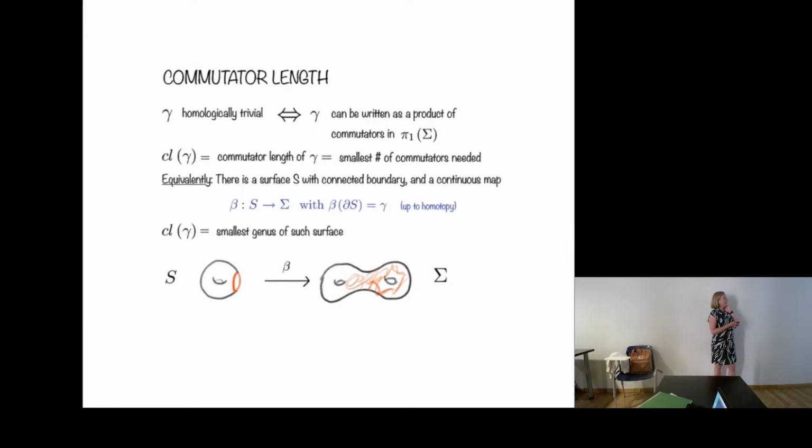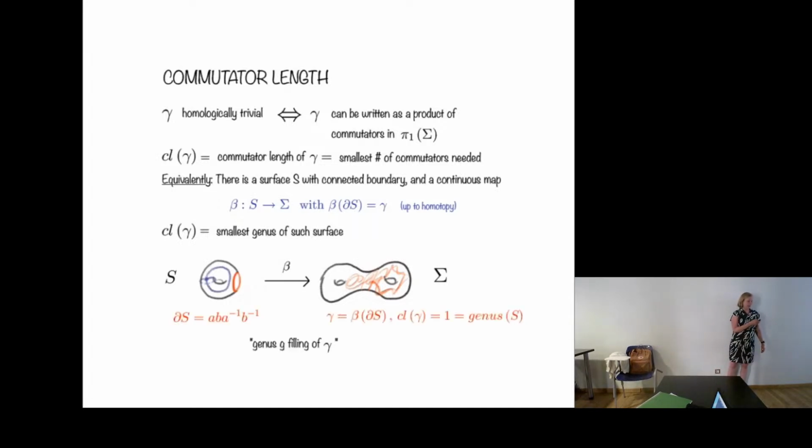And then the commutator length is equivalent to saying the smallest genus of such a surface. That's where I'm going to use G. So in this example, if I take the standard generating set of this one-holed torus, the boundary has been written as one commutator.